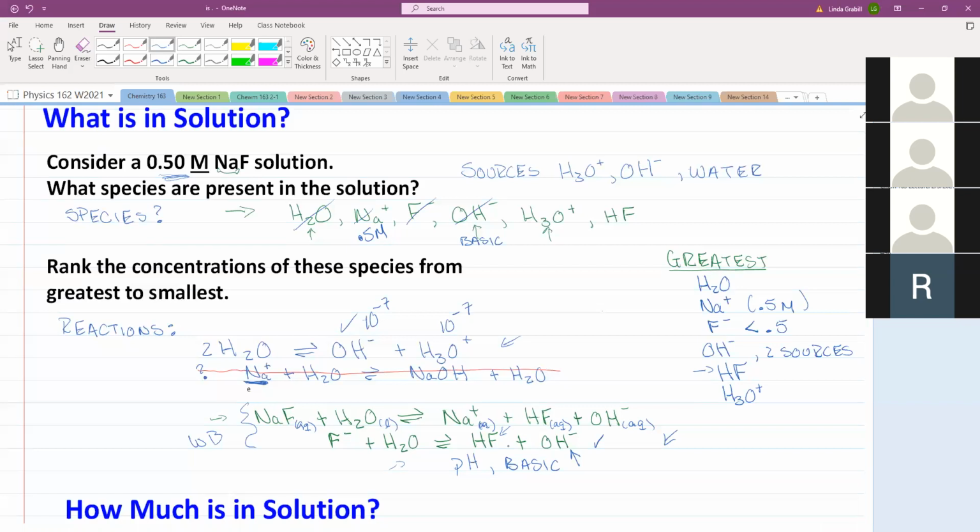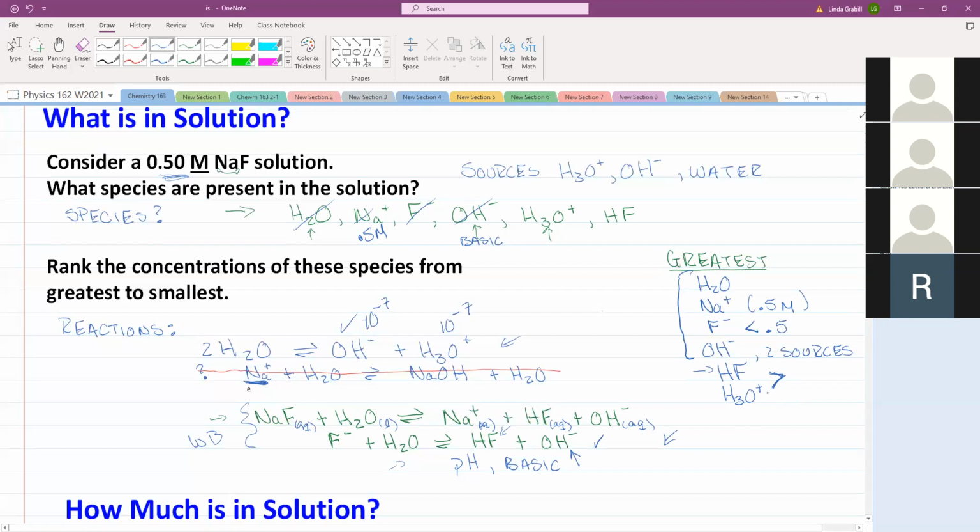Now, what would be hard to do off the bat is to decide exactly by how much they're going to be bigger. They're going to be relatively close in size, or I'm sorry, molarity in concentration, I should say. But it's going to be more or less in that order. How much different these two are, we'd have to do the math to figure that out.